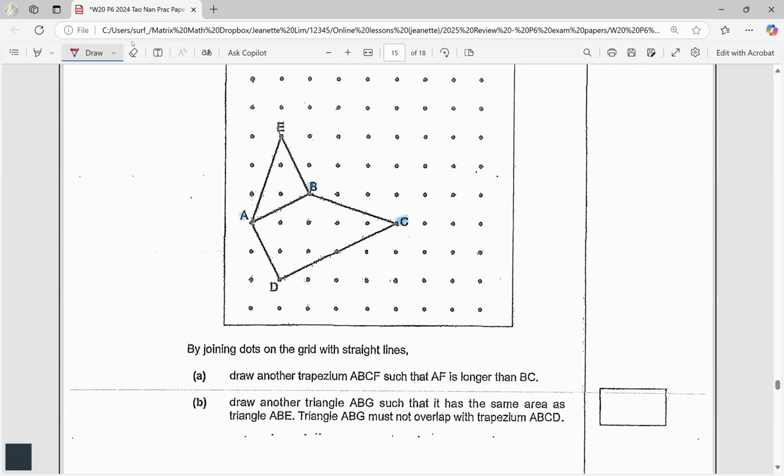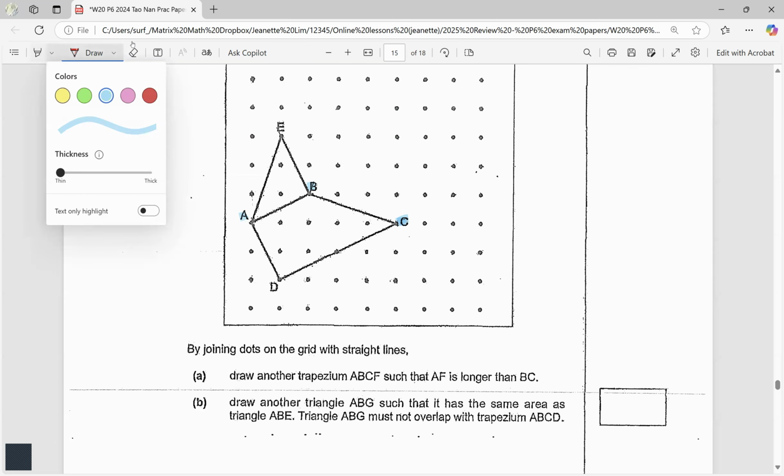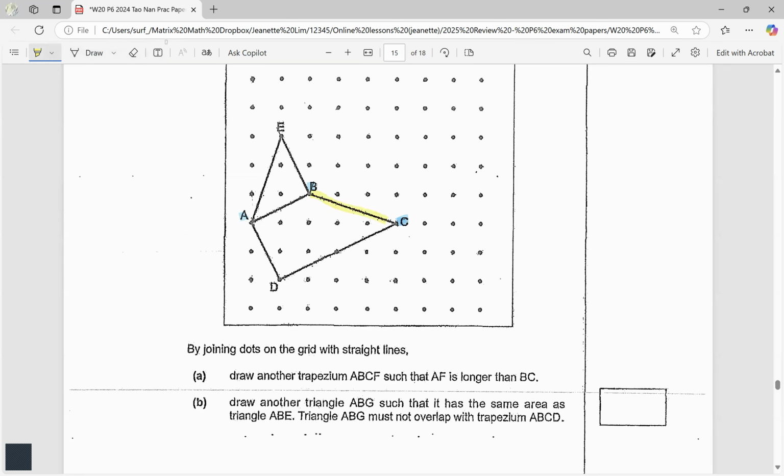Meaning, if you look at BC, BC cuts across 3 squares. We can do this: 3 to the right, 1 down.